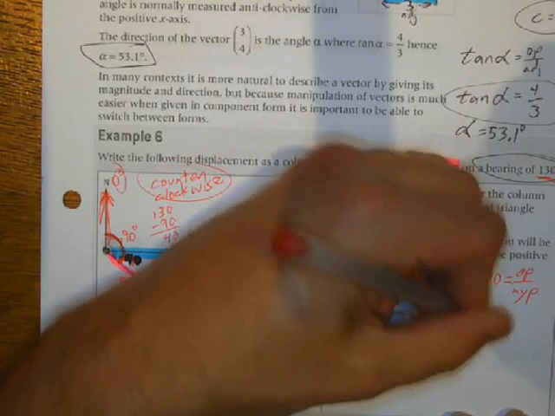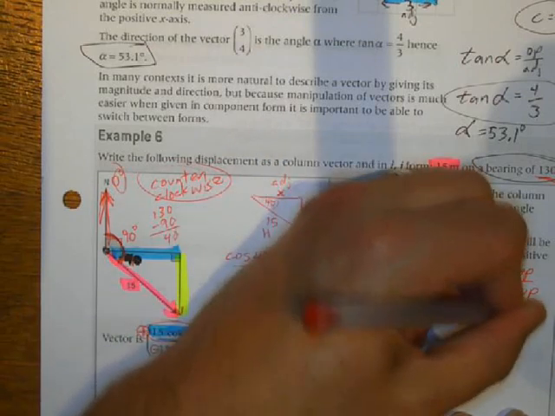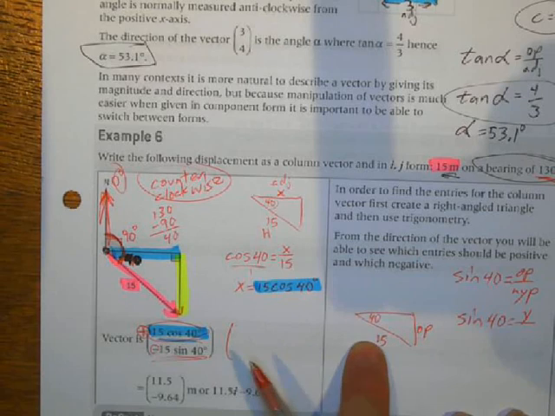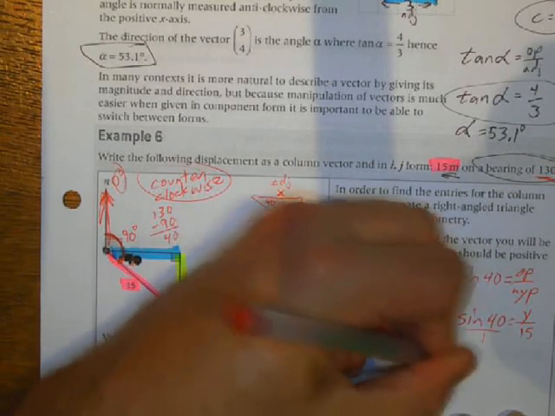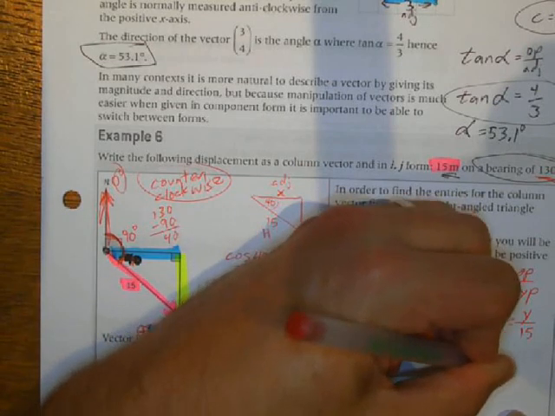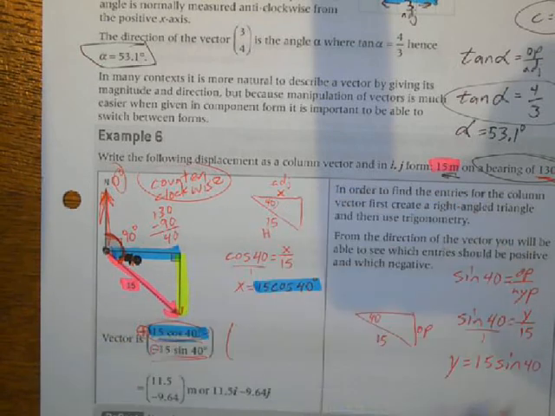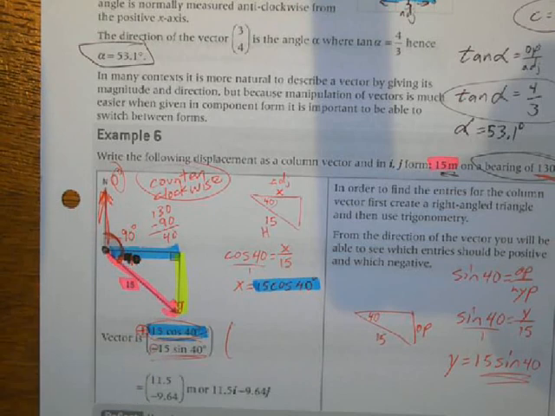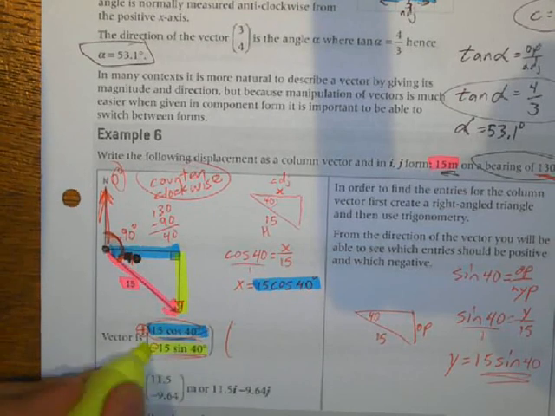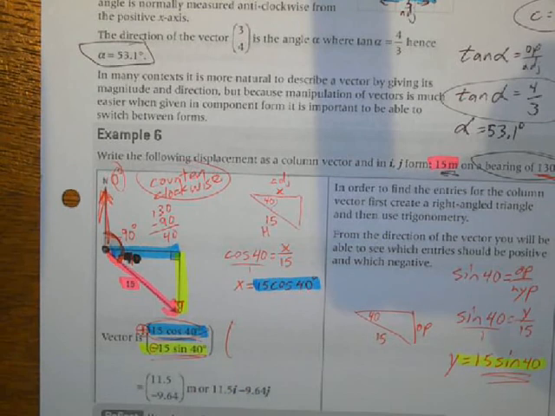Okay, so we've got sine 40 equals the y value, because it's opposite, over 15. And if I want to find the y value, I could put this over 1 and cross multiply, and I get y equals 15 sine 40. Okay, and once again, since I said this is going down, that's why we have that negative. Okay, so now to figure out this length here, I can use my calculator.